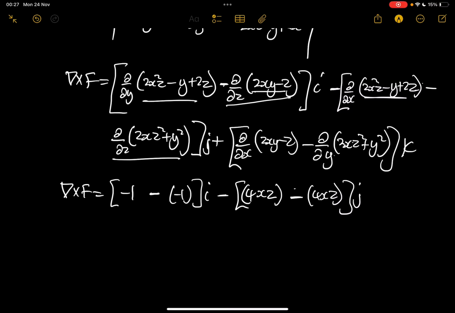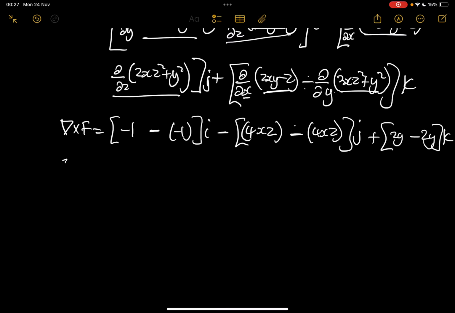So this is j plus, for k, differentiate this with respect to x, it's going to be 2y. Differentiate this with respect to y, it's going to be minus, which is this minus, differentiate this is going to be 2y, also this is k.